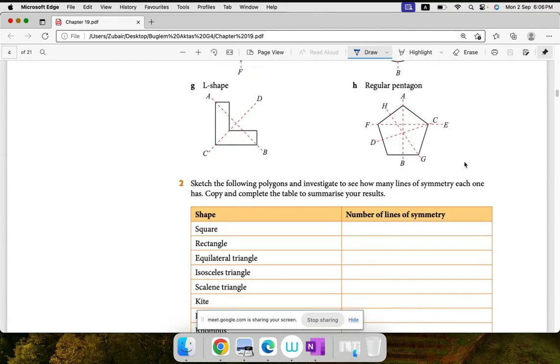Correct. Pentagon, hexagonal shape. AB. AB is correct. There's one more. HG. That is correct. Now, if these lines were not there, how many lines of symmetry could you draw for this 2D shape? 5. Very good.